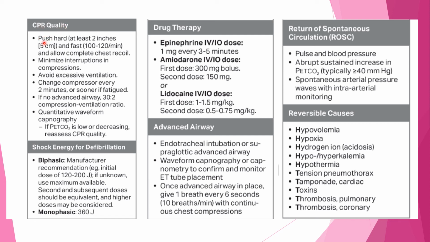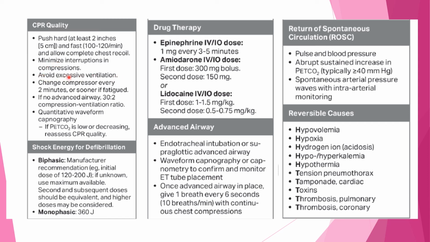What should we do? Push hard, at least 2 inches, 5 centimeters, and fast, from 100 to 120 per minute, and allow complete chest recoil. Minimize interruption in the compressions. Any interruption should be less than 10 seconds. Avoid excessive ventilation.